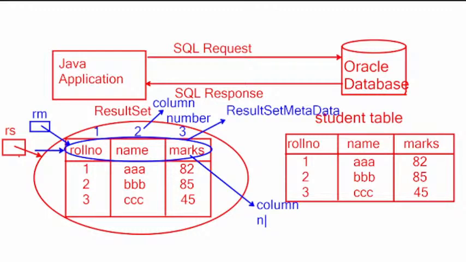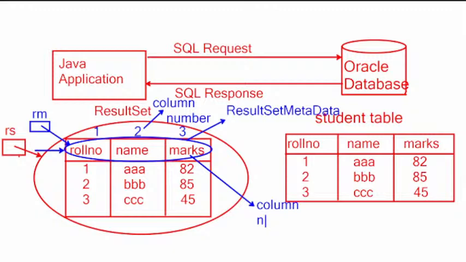Now you observe. Here I called the getMetaData method. This part is extracted, called result set metadata, and it is referred to by rm.